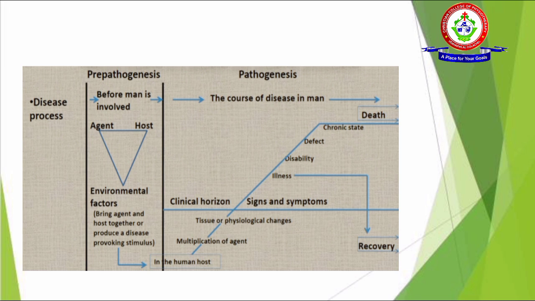This phase begins with the entry of the disease agent into the human host. After the entry, the agent multiplies and induces tissue and physiological changes. The disease progresses through the period of incubation and later through the period of early and late pathogenesis. The final outcome of the disease may be recovery, disability or death.